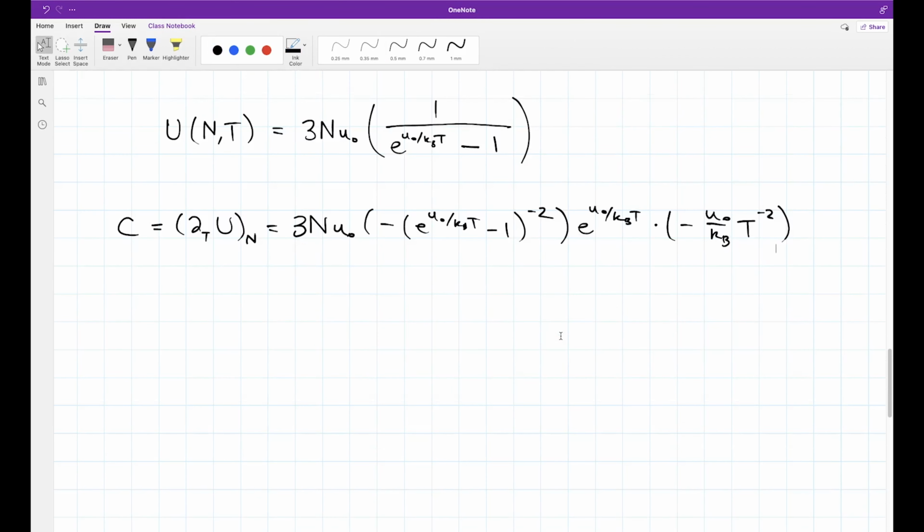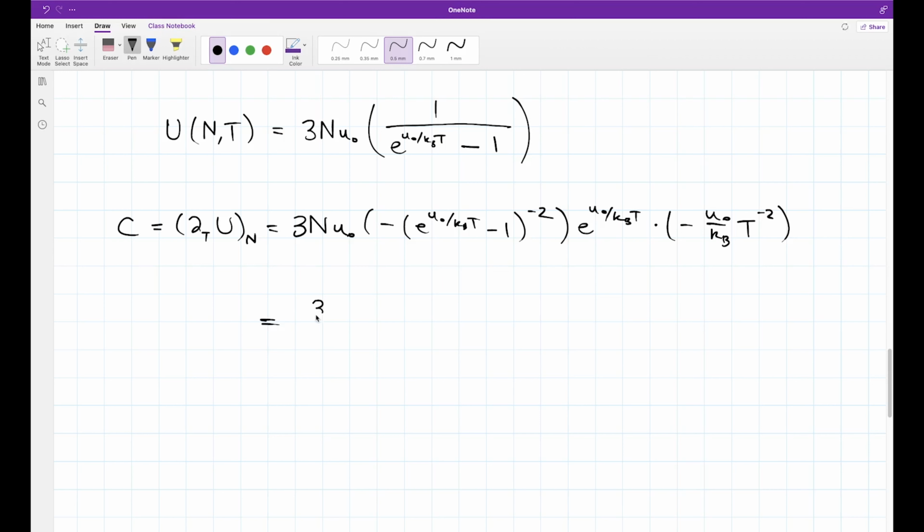So now we can put all of this together. 3N u naught, and actually let me break this up into numerator and denominator. So let's do the numerator first. We get this minus sign canceling this minus sign in the numerator.